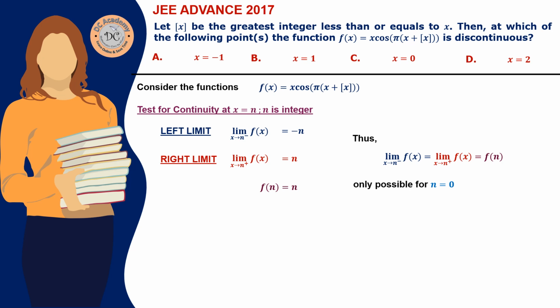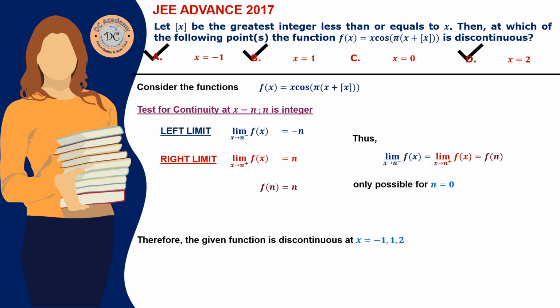But for this particular problem, we need to find how many points are discontinuous. So for this problem, options A, B, and D are the correct options. Basically, we conclude that at every integer point except x equal to 0, the given function is discontinuous.